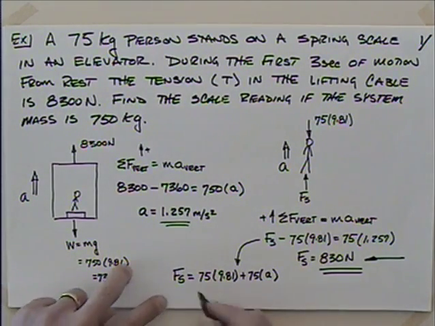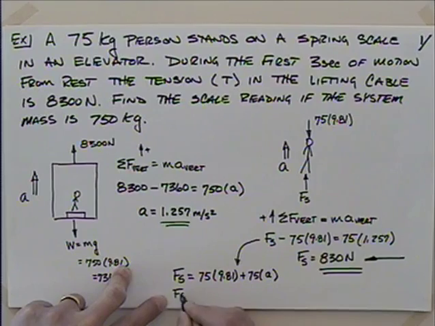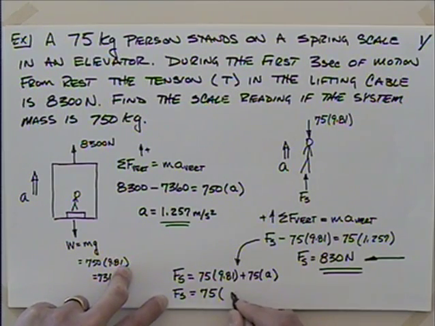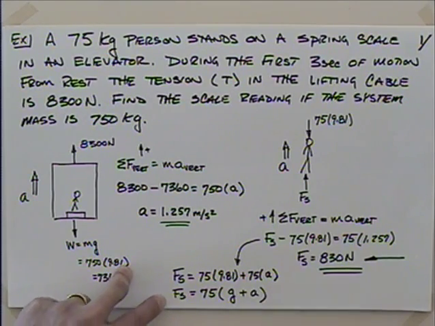And if I were to factor that, I could say that the force on the scale is equal to 75, that's the mass, times 9.81, that's the acceleration of gravity, plus the acceleration. So really this would be a lot like standing on a planet that just has a higher acceleration of gravity, one in which its acceleration is going to be 9.8 plus 1.257.